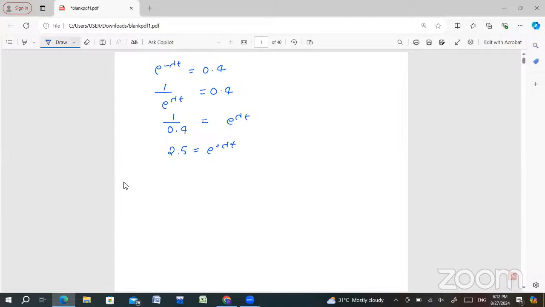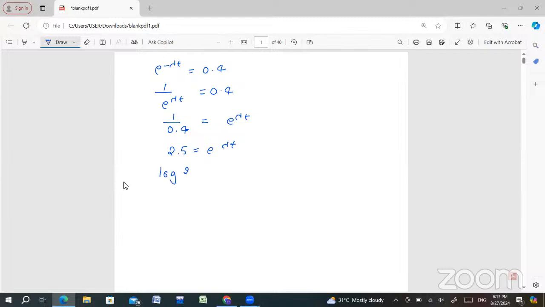This is not negative, this is positive. It is given as 1 divided by 0.4, so if you solve it, you will get 2.5. So we will take log on both sides.